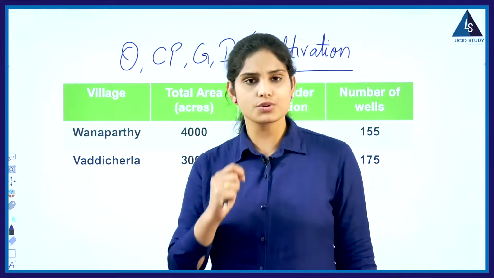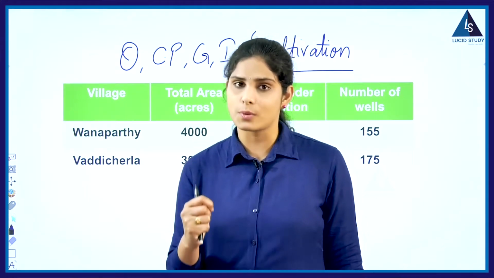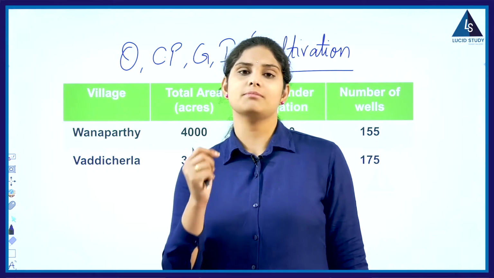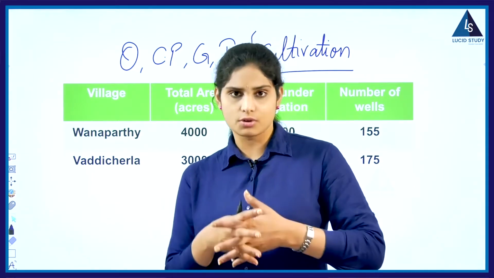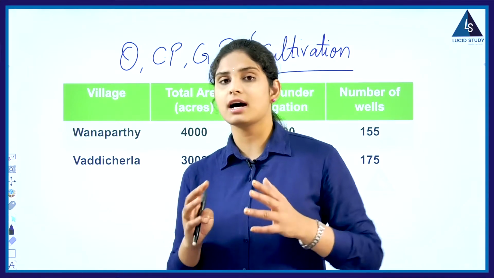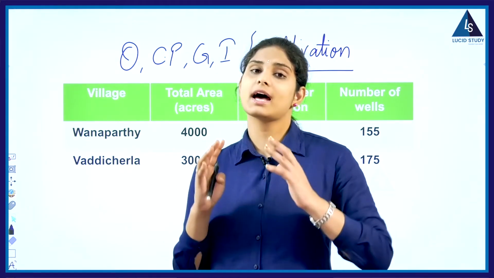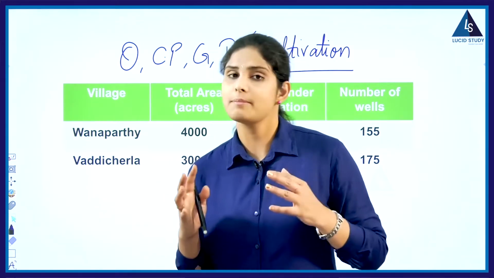So the primary source of water here is the wells. These wells are dug wells, which are open dug wells. These are said to be the primary source for crop yielding.